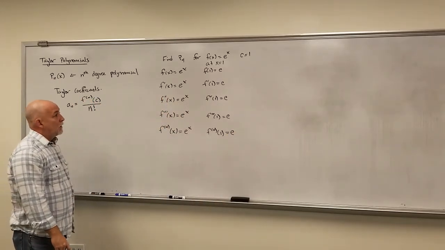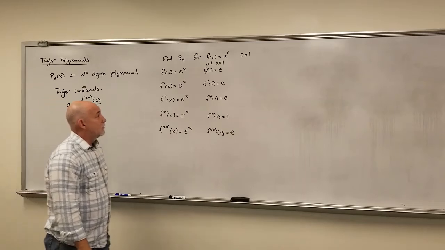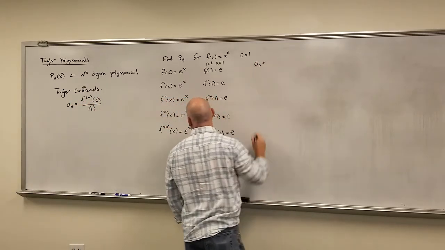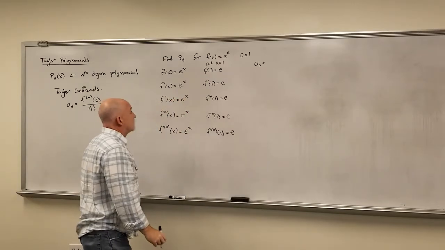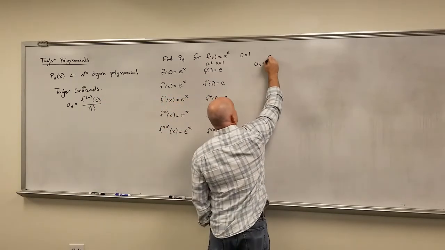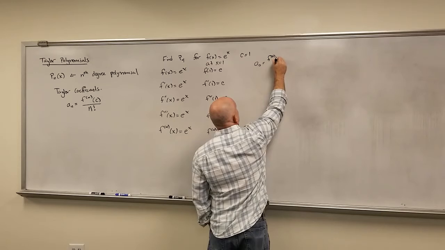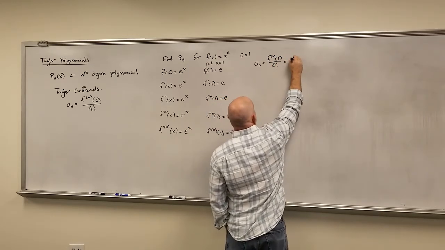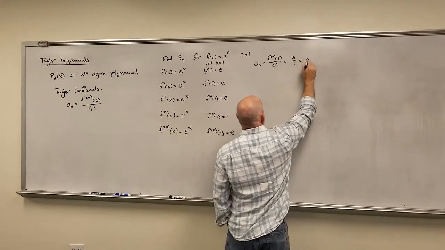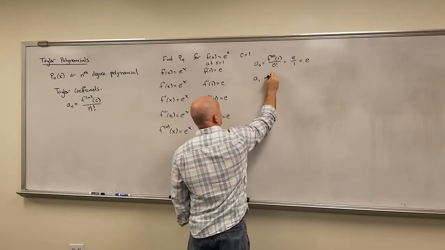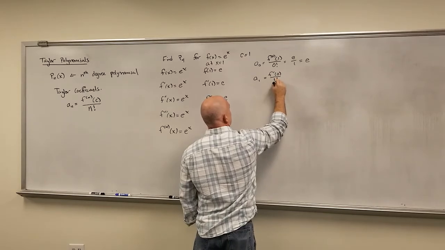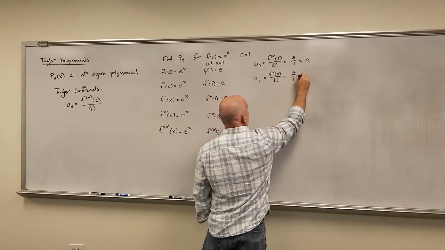Okay, so now what we've got to do is put together our pieces. So let's find our coefficients real quick. A naught is just going to be the 0th derivative at the center over 0 factorial. So that's e over 1, or just e. A1 is the first derivative at 1 over 1 factorial. That's e over 1, which is e.